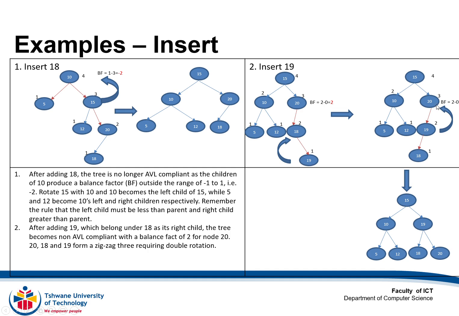It's still 2 minus 0, because there's no right child of 20, and it gives us, therefore, 2. Okay, moving from that, we'll then now move on to do the rotation that takes 19 up. Therefore, 19 here will then have 18 as its left child and 20 as the right child, and your tree is now balanced. Should you struggle to understand how all of that happened, there are notes here on this block.